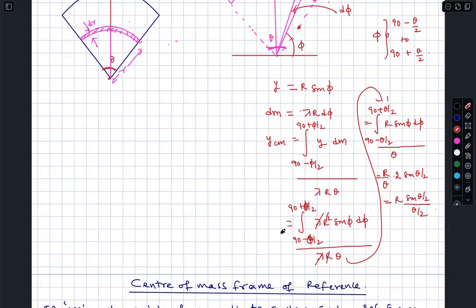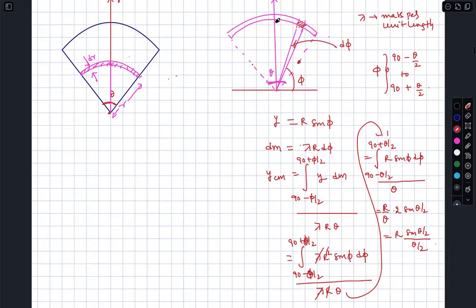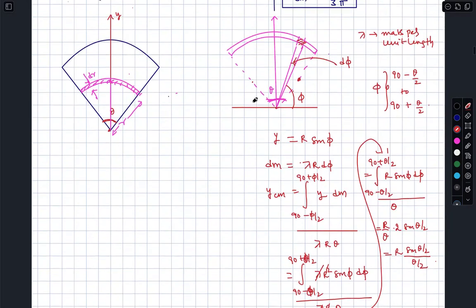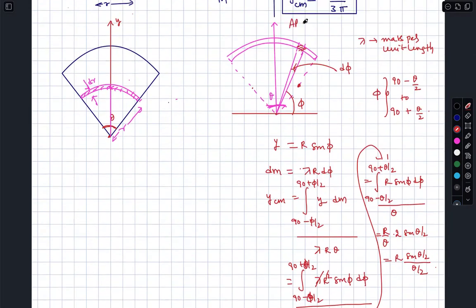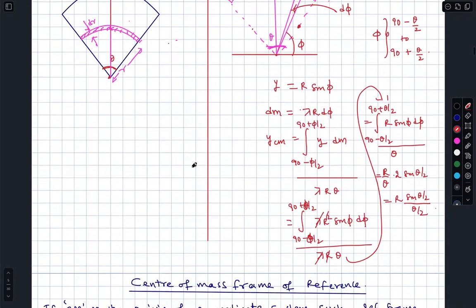So that is the location of center of mass of an arc. Remember, an arc of radius r making an angle theta at the center. Now what about a disk? This is for an arc. This is for a sectorial disk.